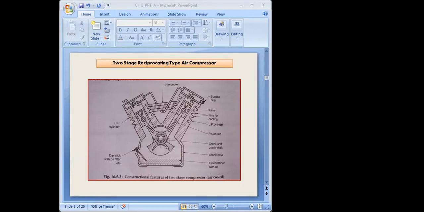Here we have the crank and crankshaft, and the connecting rods of both pistons are connected to this common crankshaft.